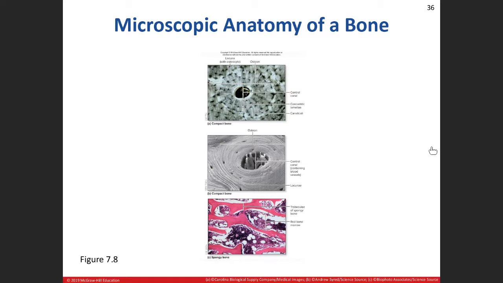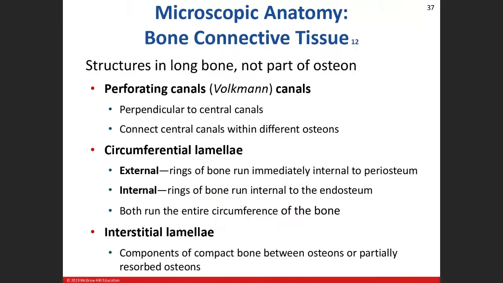Okay. So there's a couple other structures, but now we're going to move outside of our osteon. So these are not a part of the osteon. We have what we call Volkmann canals or perforating canals. Remember what I said about the central canals. Here's the shaft of the bone, the diaphysis of the bone, and the osteons run parallel to it.